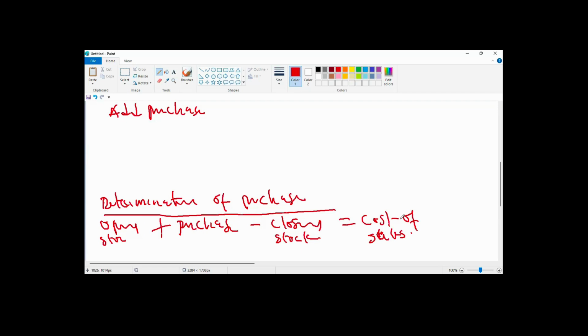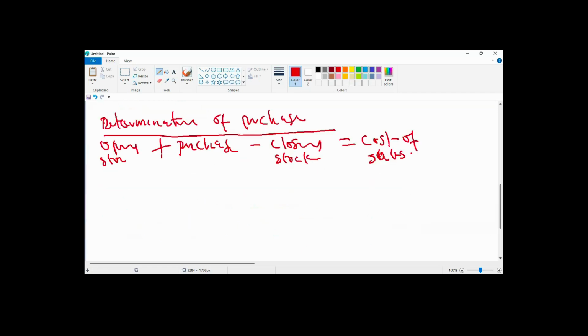What is the opening inventory? 42,000. Minus closing inventory, 82,000. Cost of sales is 637,500.